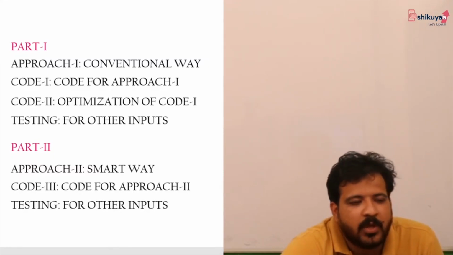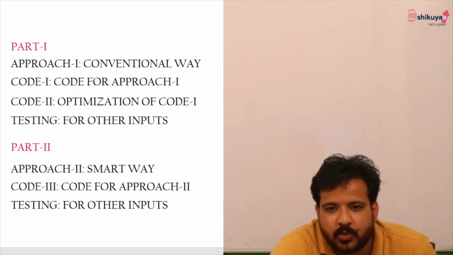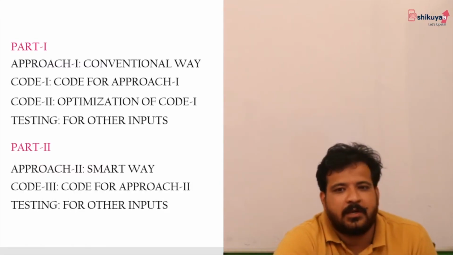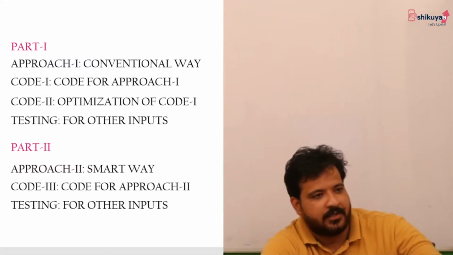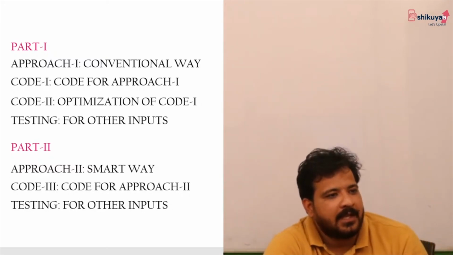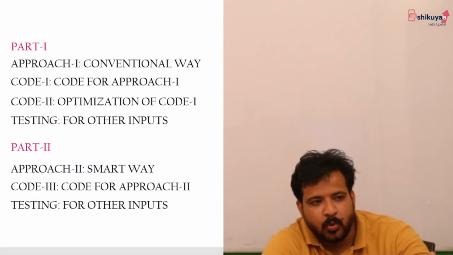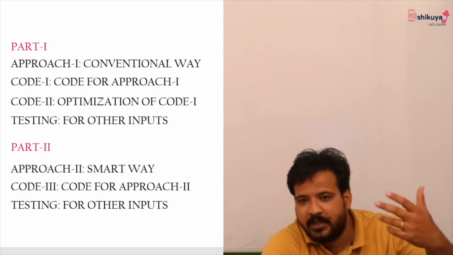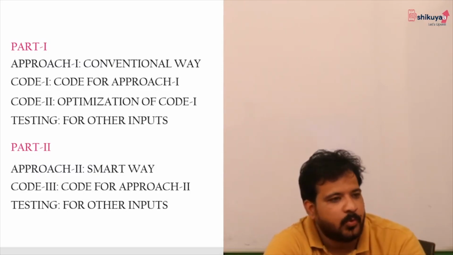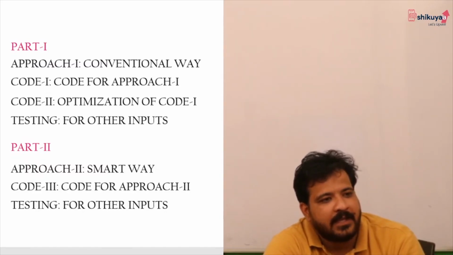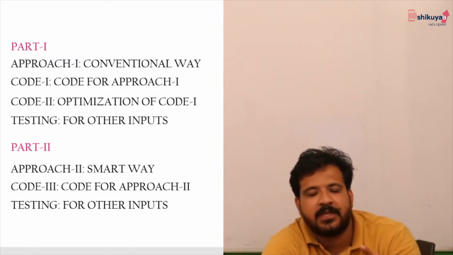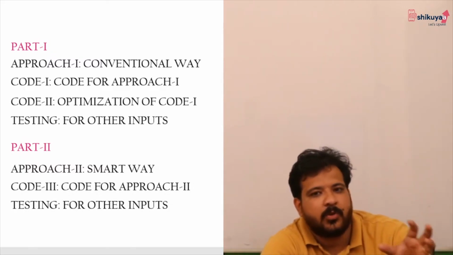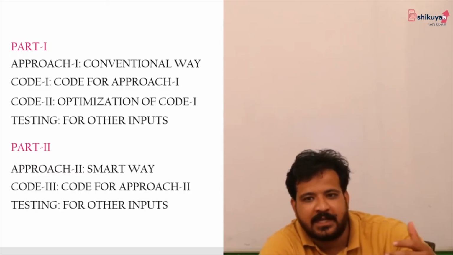Then I would be going with the generalization of this code, so that you can use this code in other problems like this. Then I would go ahead with code 2, that is optimization of the earlier code. And finally I would help you in testing for other inputs, so that we can select a random series and put it into our code and test it.